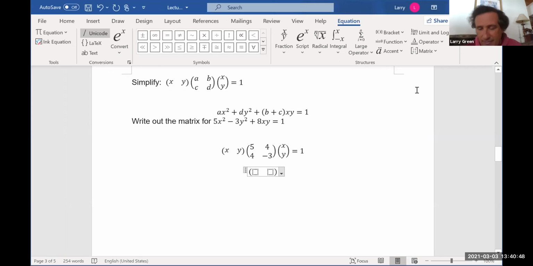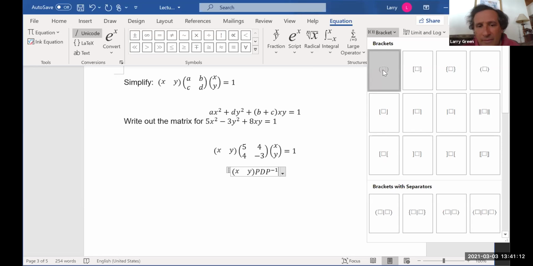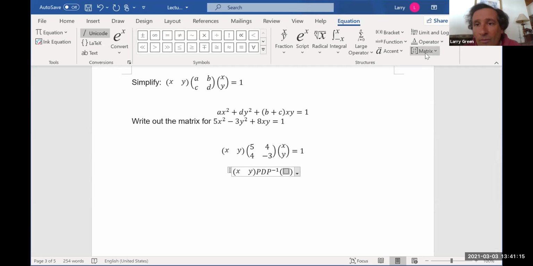There we go. Times P times D times P inverse times xy. Equals 1. Any questions on that?